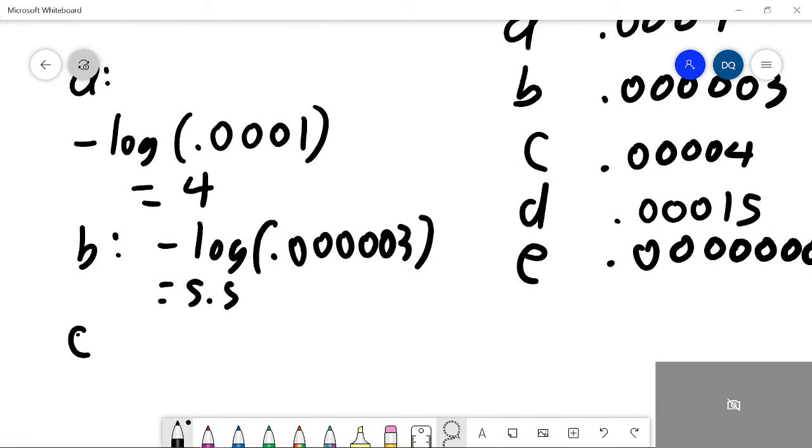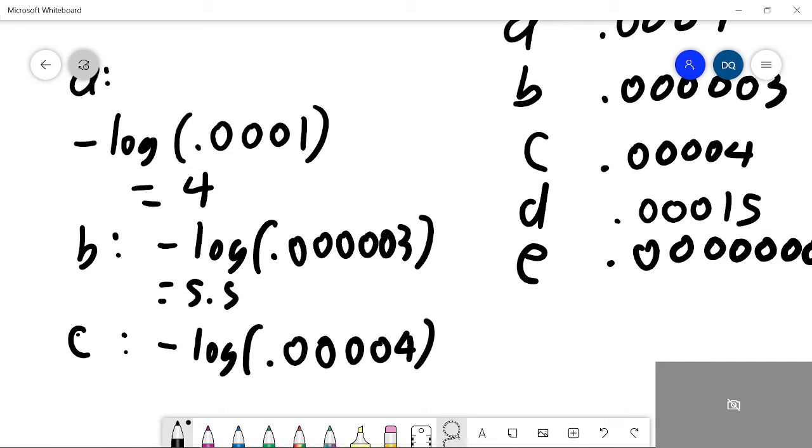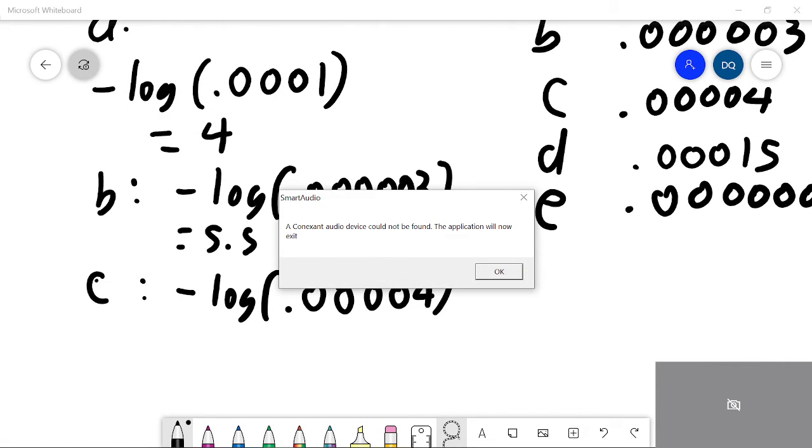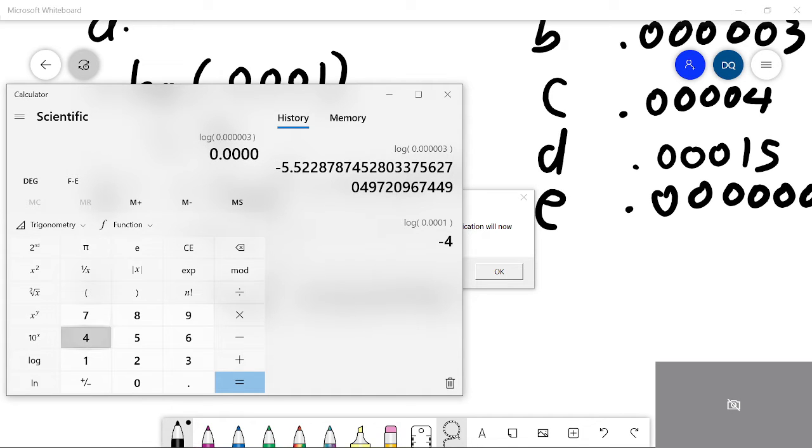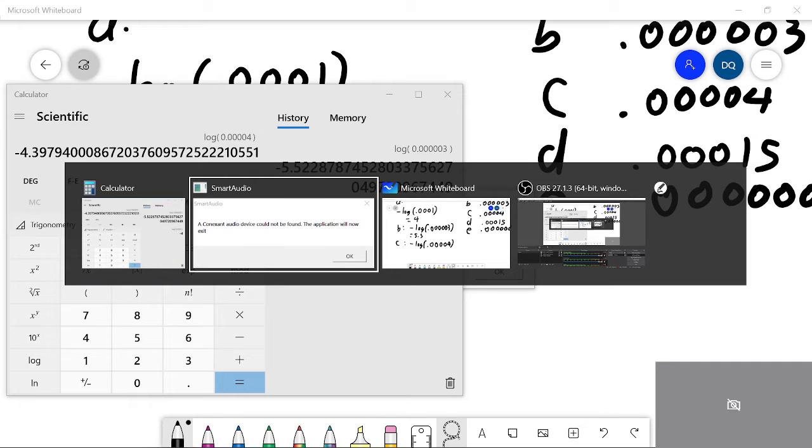For C, the negative log of 0.00004 is 4.4.